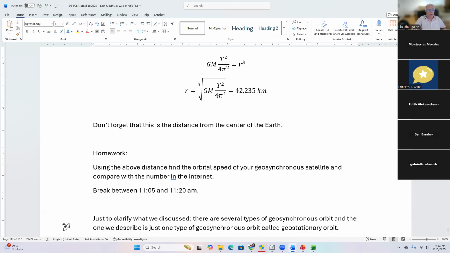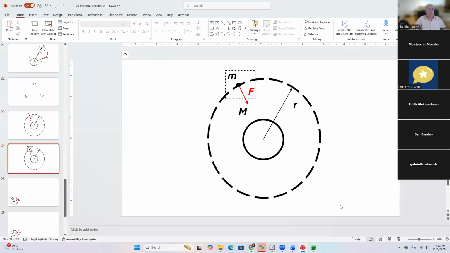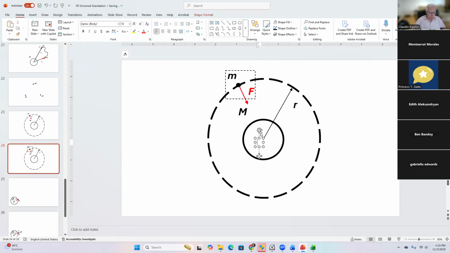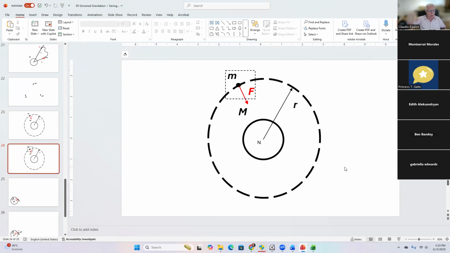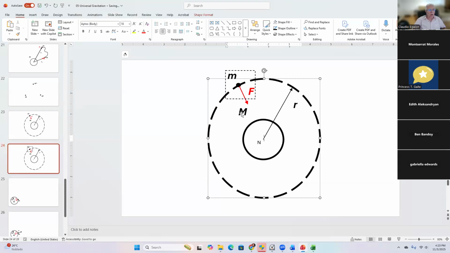So what exactly is the difference, right? A geostationary orbit, which is one type of geosynchronous orbit, is this orbit that you see right in here. Here you go. And let me elaborate what you see here. What you see right in here is the North Pole of the Earth, okay? So you're looking from the North Pole of the Earth.